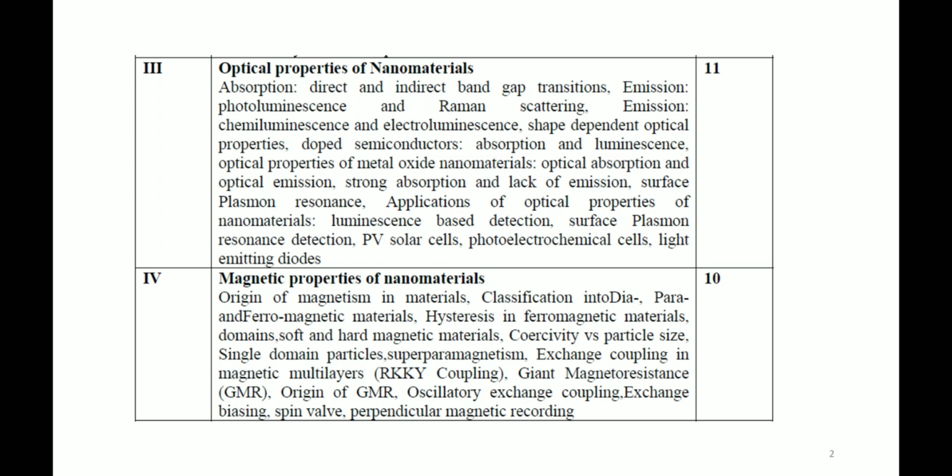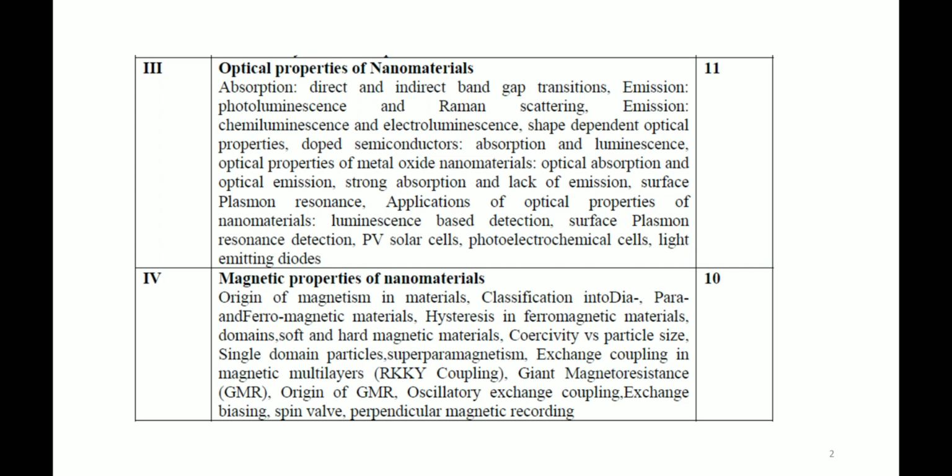As you can see, in this semester we are going to cover all the properties of nanomaterials. Particularly, I will keep introducing you to the properties of the materials at the bulk level. In each chapter, in the initial half, we will learn the fundamentals of these properties at the bulk level.